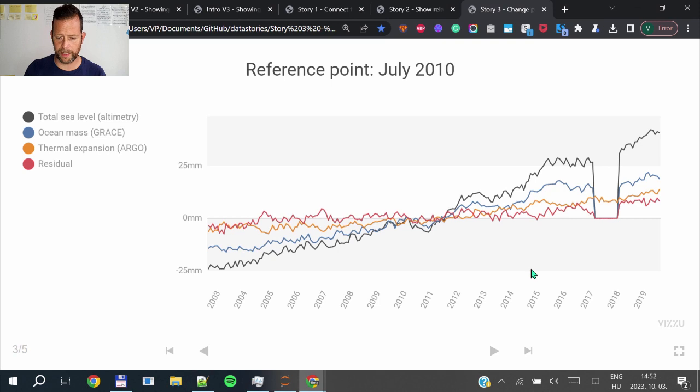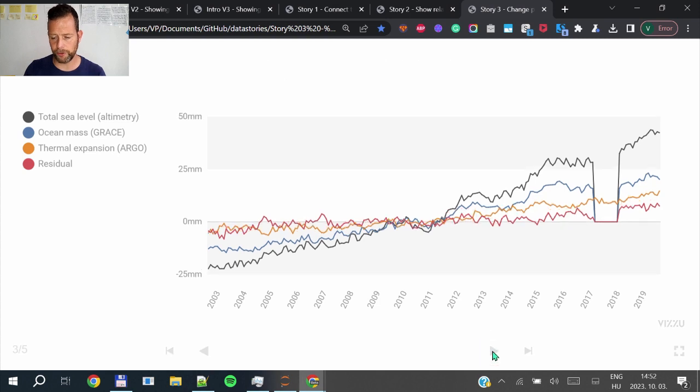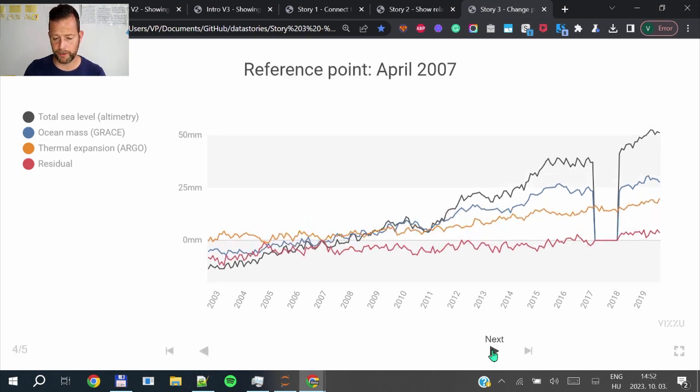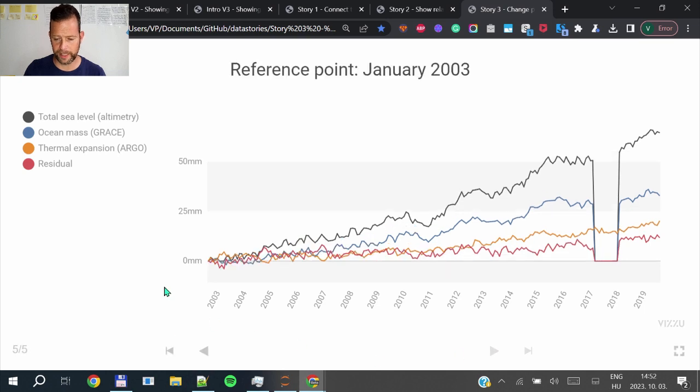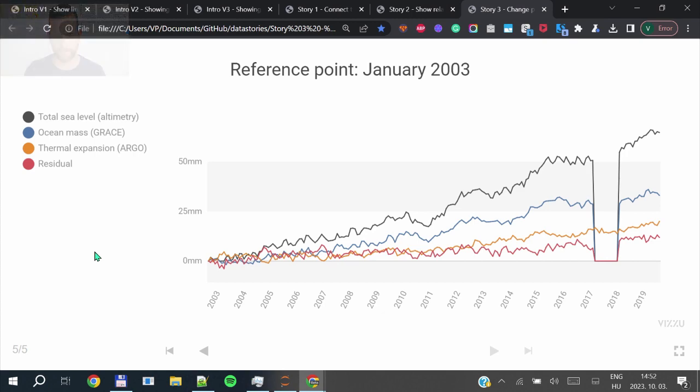So as you can see, these new views can open up new explanations and show different relations between these components. You could move the point of reference further back, even to the very beginning. And so it would be clear for the audience that these show relationships and not absolute, but relative changes in these factors, which can be a great way to tell a story.